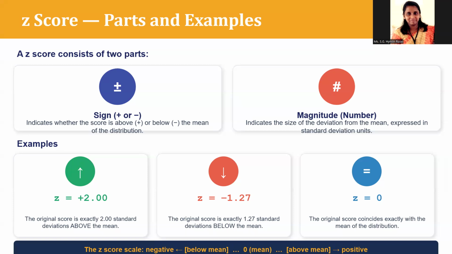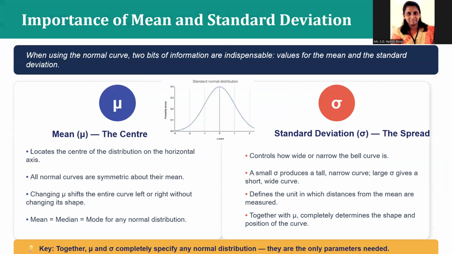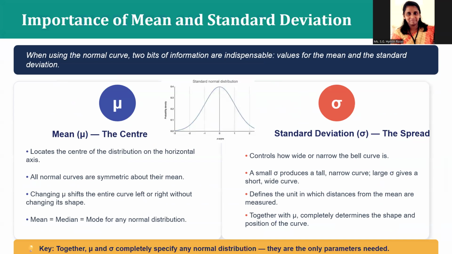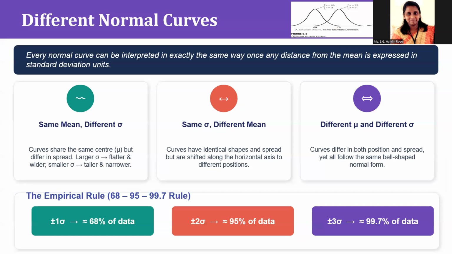So what are the things we have discussed? We have discussed the normal distribution. What is normal distribution? The Z score basics. Then the characteristics of normal distribution: symmetry, bell-shaped, continuous distribution with mean equal to median equal to mode. Then we discussed the mean and standard deviation. Mu locates the center, sigma contributes the spread. Then we discussed the different normal curves.